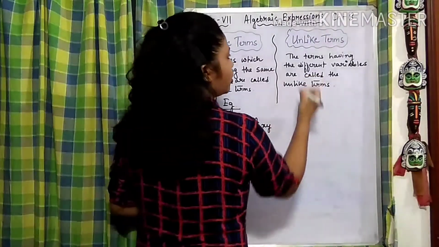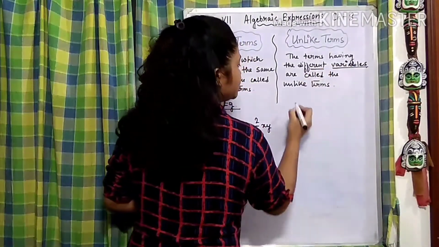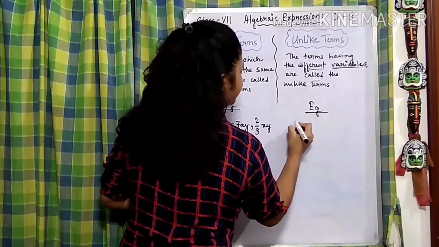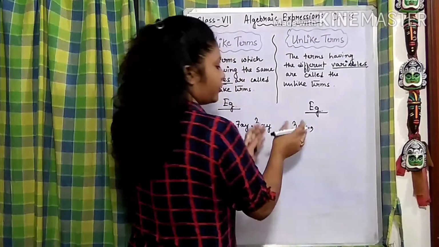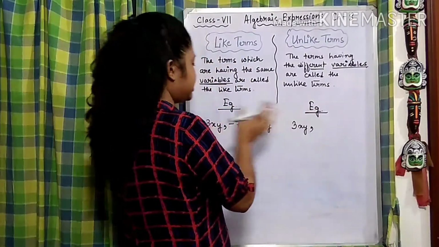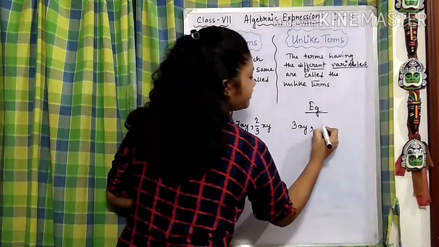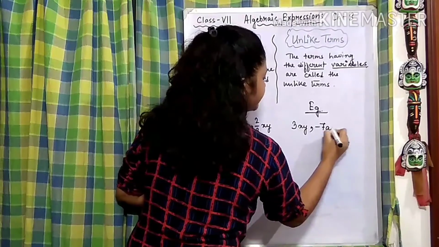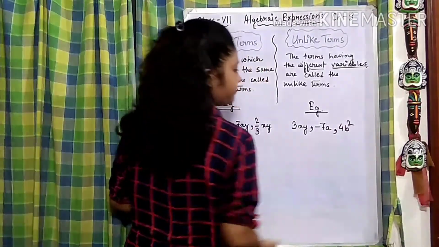Now, if we are talking about unlike terms, the variables will be different, just the opposite of like terms. For example, 3xy, identical to the previous one I have taken. Again, let's take minus 7a, 4b square.